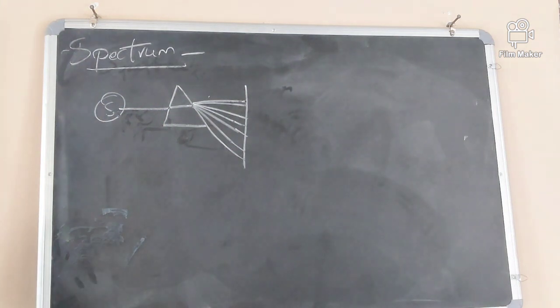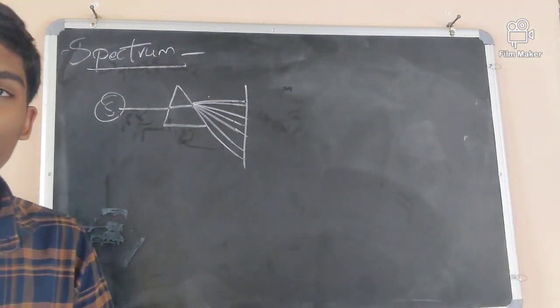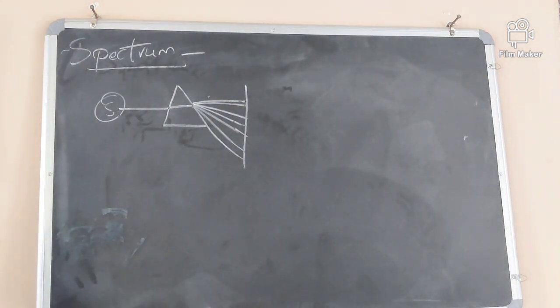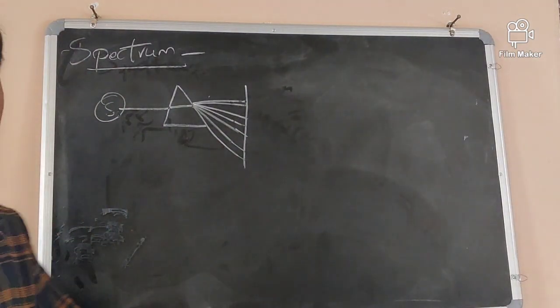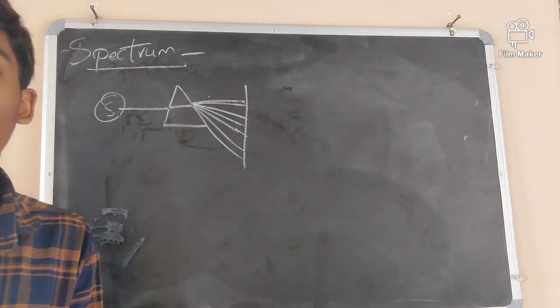When we take a source of light and make the light pass through a prism, that light is dispersed, and the dispersed light is obtained on a screen.